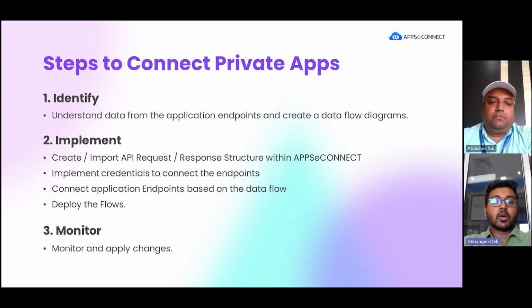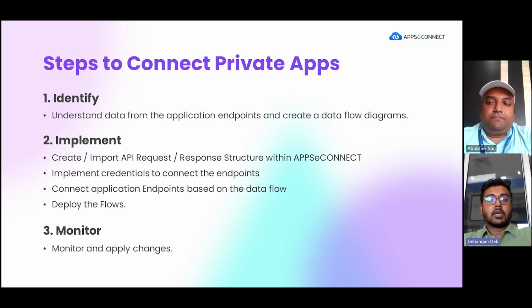You have a section to put your credentials, and a type of authentication where you have to provide a valid credential. And if there are any changes, you can monitor them from the AppSeConnect portal. We have a snapshot where you can manage the data and see what the logs are.